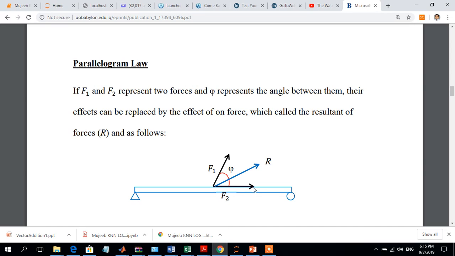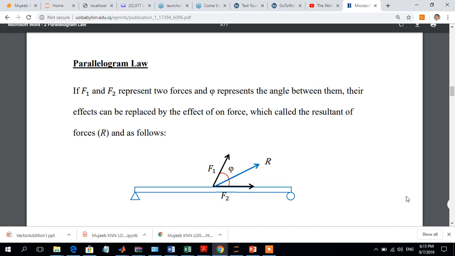Because of the magnitudes and directions of these two forces, the net force acting at this point will be at a certain angle and have a certain magnitude, normally indicated by R, and this R is also called the resultant vector. So we have two vectors F1 and F2, and the angle between them is indicated by phi. We are supposed to find the resultant force.